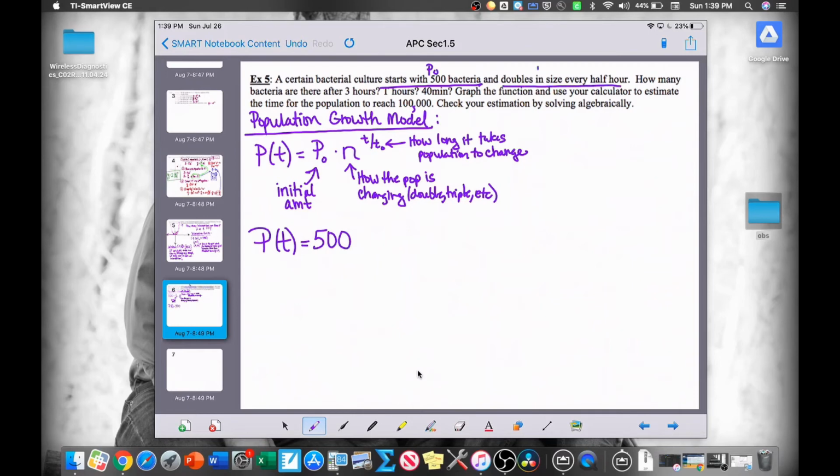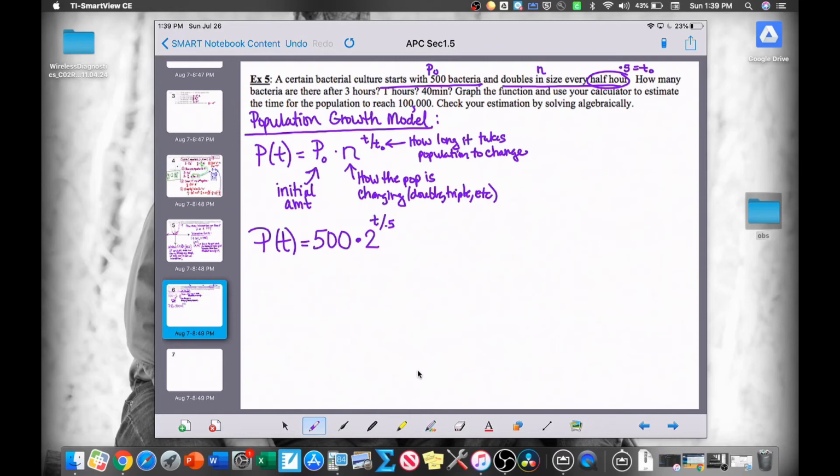That's my n, right? It's doubling, so times 2. Every half hour, okay? So 0.5 hours, that's going to be my t naught. So 2 to the t divided by 0.5.